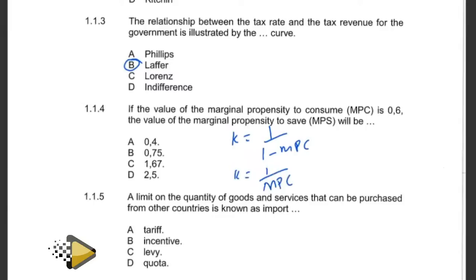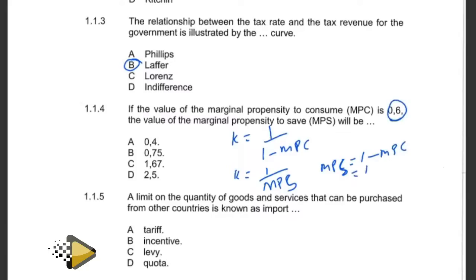If you check these two formulas, grade 12s, in our denominator, we have MPS, which is equivalent to 1 minus MPC. So if you check in this regard, the MPC that we have is 0.6.